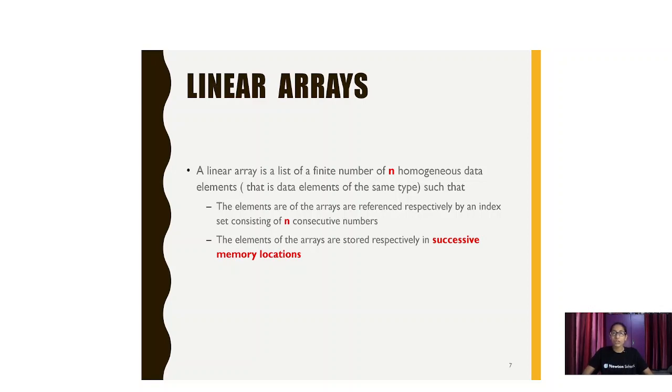A linear array is a list of a finite number of homogeneous data elements, that is, data elements of the same type, represented by an index set of n consecutive numbers. The elements of the array are stored respectively in successive memory locations.